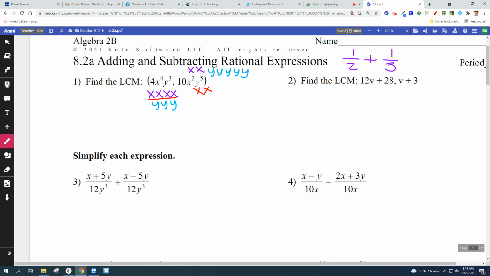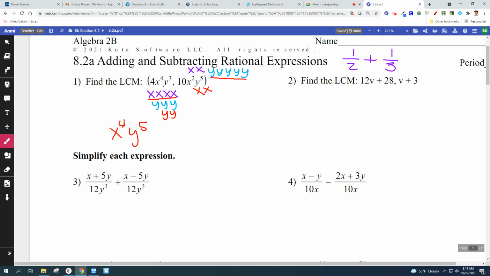The guy on the right has 5 y's, so we need to match that on the left. If they both have 4 x's and 5 y's, they're going to be happy. So the least common multiple is definitely going to have x to the fourth and y to the fifth in it.